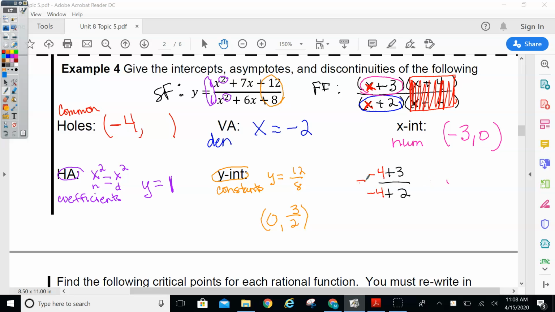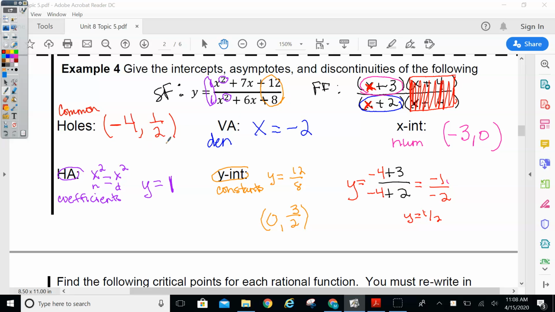And this is how you find your y for the hole. So negative 4 plus 3 is negative 1. Negative 4 plus 2 is negative 2. So this tells me that the y is going to be positive 1/2. So the actual open circle in the middle of your graph is at negative 4, 1/2.